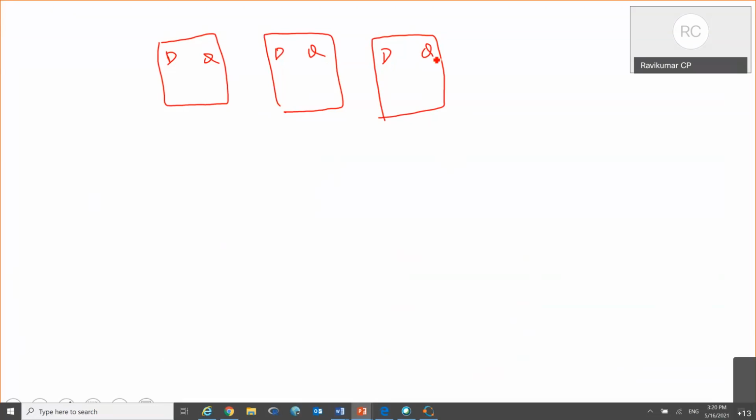So what I could do is connect them as a shift register. The clocks are all connected, so don't worry about the clocks. Now suppose I take these 2 points and take their XOR. XOR is considered as a sum. You may know that XOR of 2 bits gives me the sum, not the carry, just the sum, right?